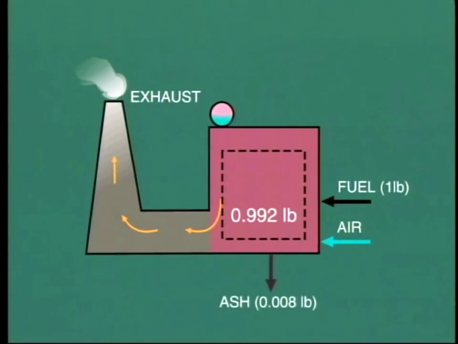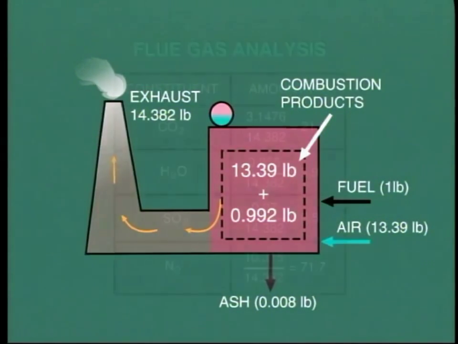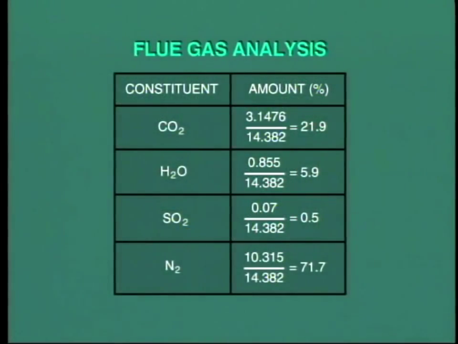The remaining 0.8% consists of ash, which does not burn. Adding the combustible material to the quantity of air supplied, 13.39 pounds, the total comes to 14.382 pounds, the same value. Knowing the total quantity of gas, we can calculate the percentage for each of the constituent gases.